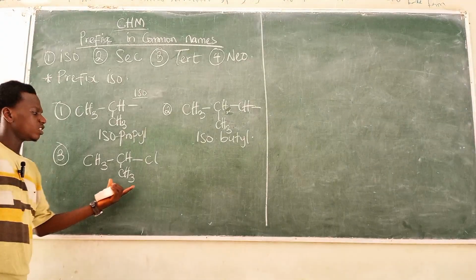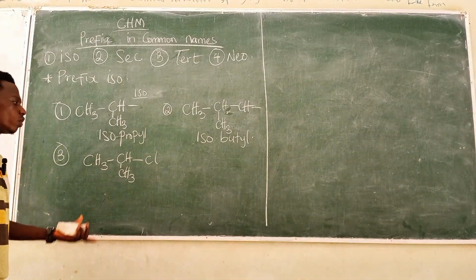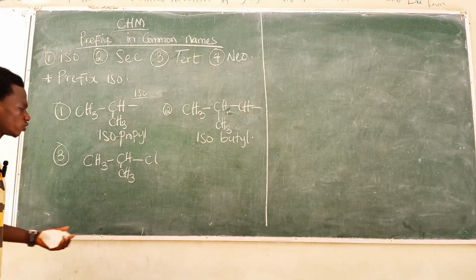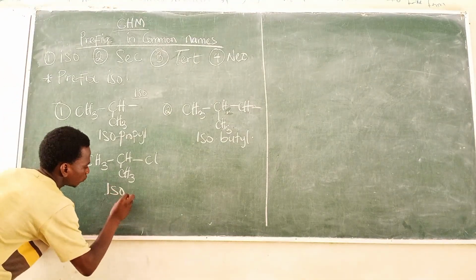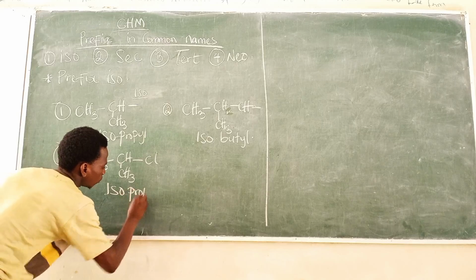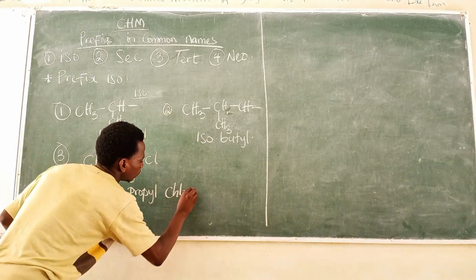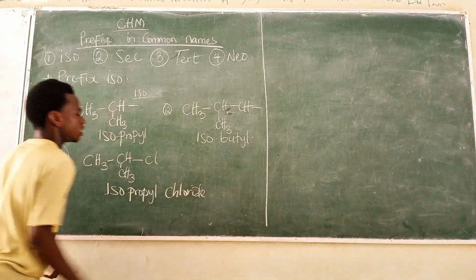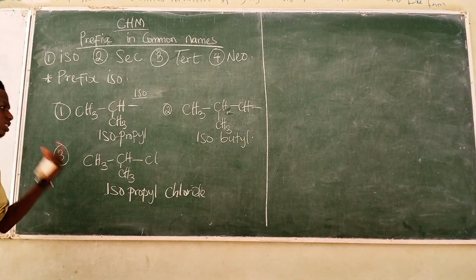So what is the trivial name? What is the common name of this particular structure? The common name of this particular structure becomes isopropyl chloride.